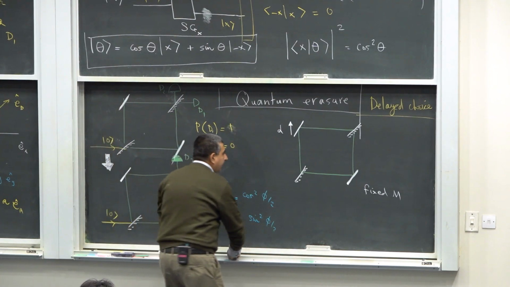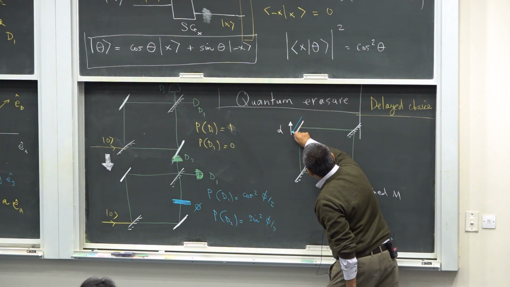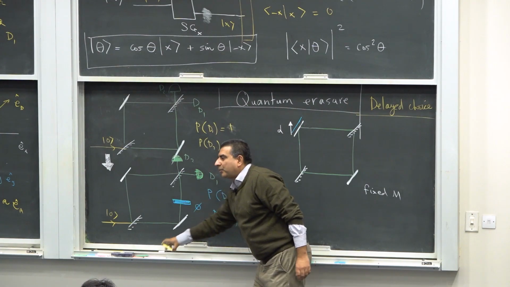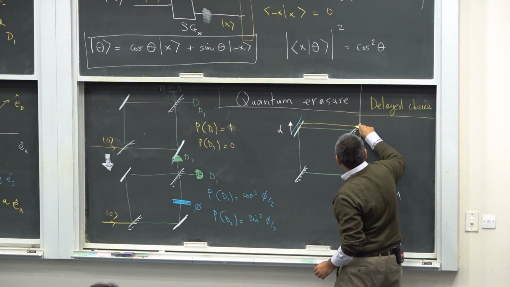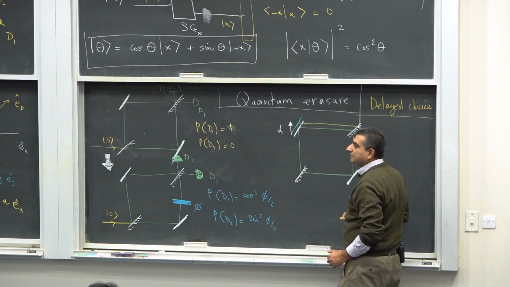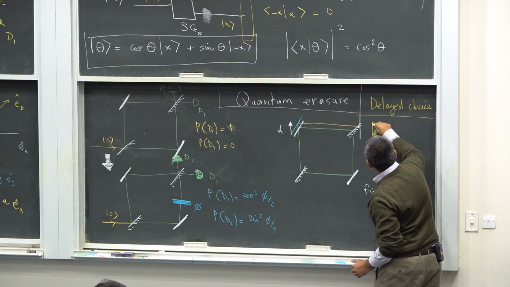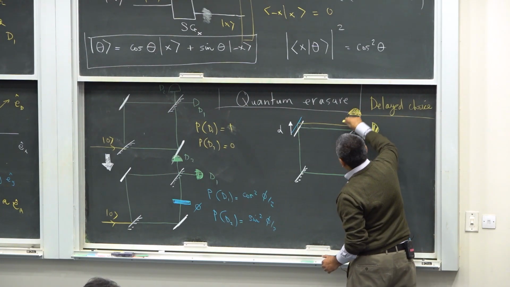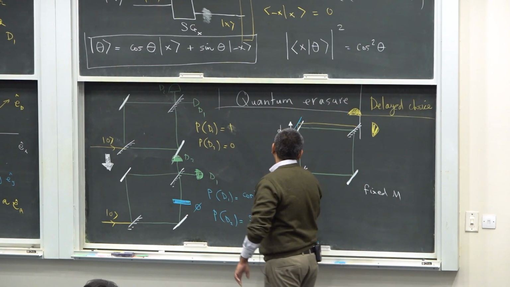For example, if this mirror were to move up a little bit, then one of these paths is going to change its length. Therefore, the probability of detection at each of these detectors might change. So you can achieve the same effect as with this phase element by displacement of this mirror.